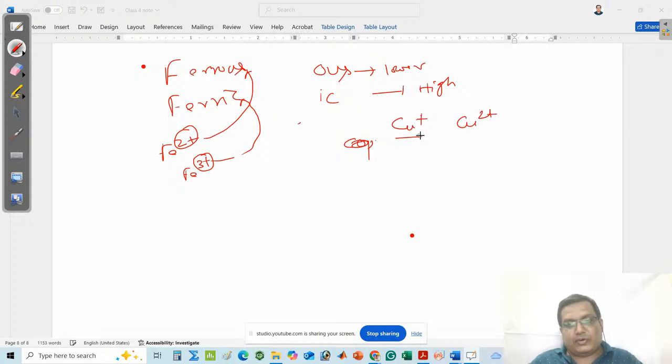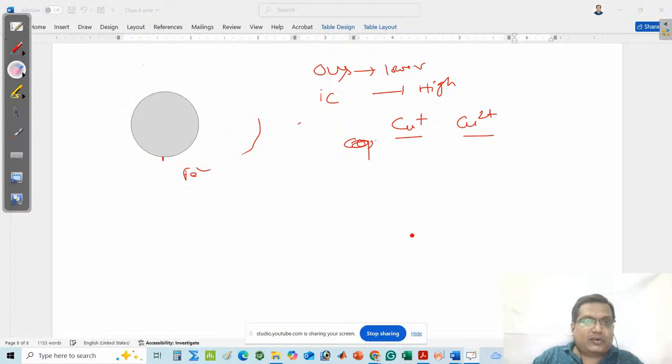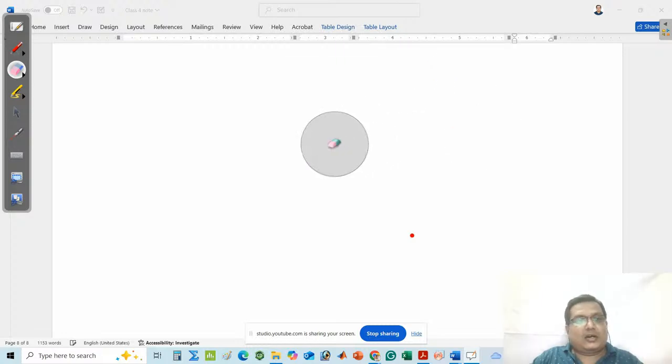This is your cuprous. This is your cupric. Ic for higher, ous for lower. It is highly necessary to remember these things. This is one trick. Ous always belongs to lower, ic belongs to always higher.